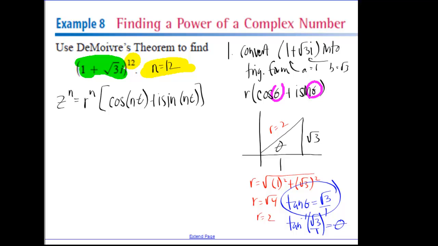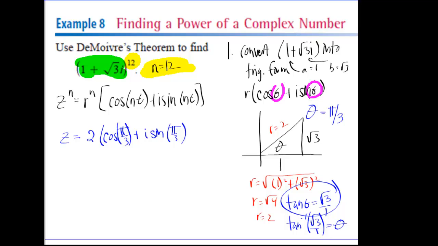From our unit circle, we know that theta must be pi over 3. So now we're able to convert 1 plus root 3i into trig form. So z is equal to r, which is 2, open parentheses, cosine pi over 3 plus i sine pi over 3.